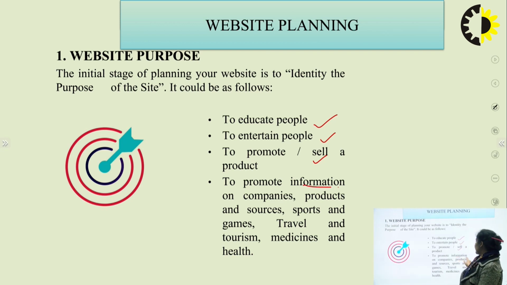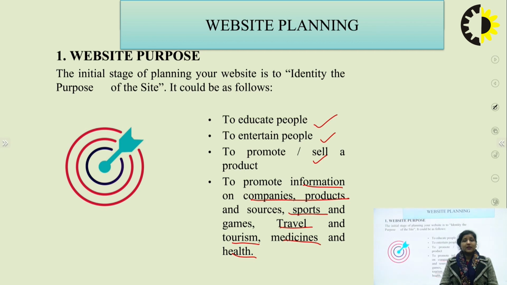To promote information on companies, products and sources, sports, travel, tourism, medicine, health, etc. These are just a few purposes of websites. There can be many purposes. If I talk about educating people only, there can be subcategories, like educating graduate students, undergraduate students, or students below 5 or above 5 years.